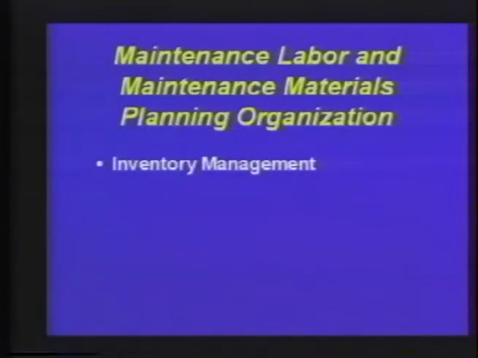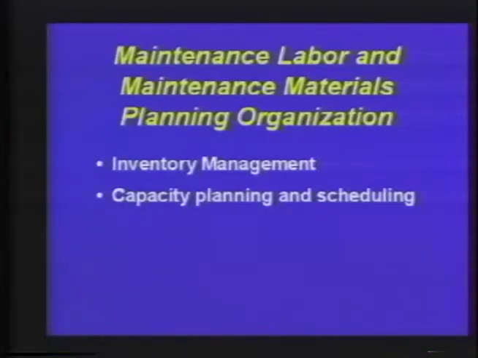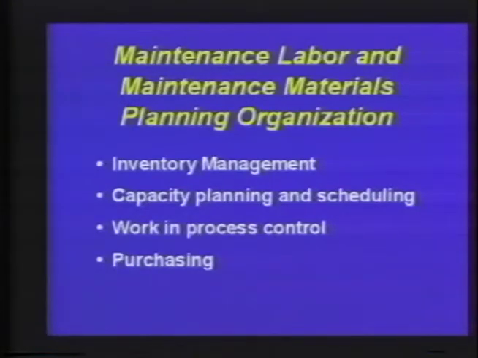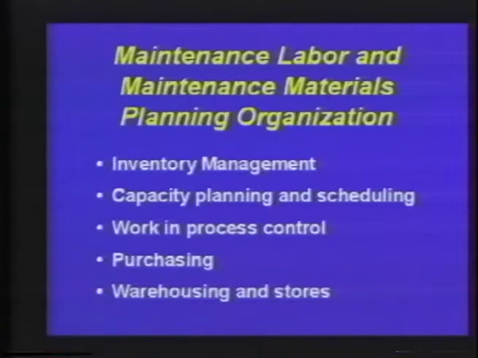Inventory management, which is the spare part planning, capacity planning and scheduling, which is the labor planning portion, and then the work-in-process control is the actual reporting by craft personnel against the individual maintenance work orders. The next is purchasing, which is the external planning and scheduling for spare parts. And then the last activity is the warehousing and stores, which is receiving material through the purchasing activity, and then ultimately issuing material against the planning and scheduling activity.